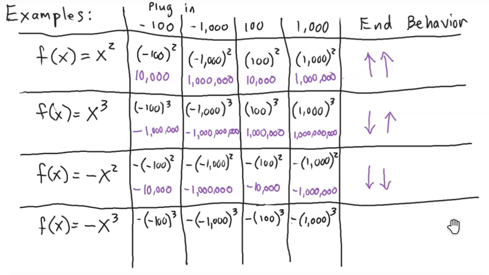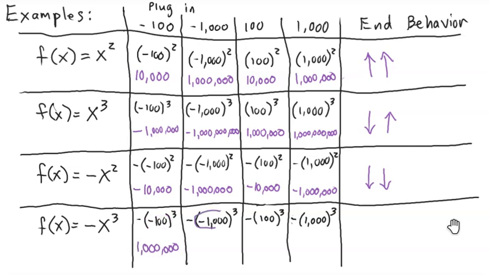Down here, we're going to take the same thing that we got up here, negative 1 million, but we're going to make it negative. We're going to do the opposite of it because it's negative x cubed. So the negative of negative 1 million is positive 1 million. So on this one, if we plug in a negative number, we get a positive number.